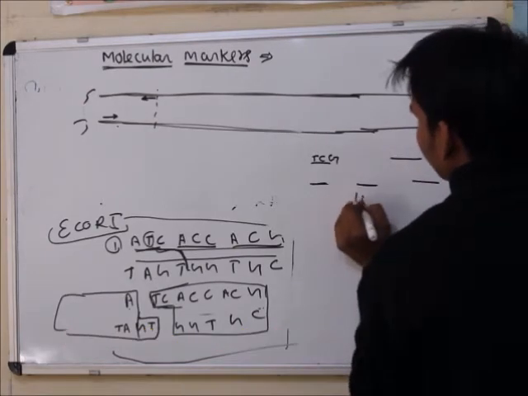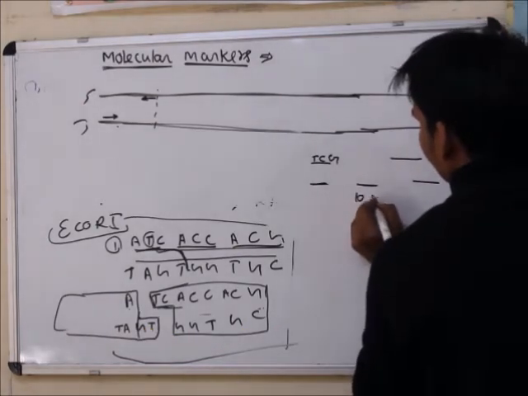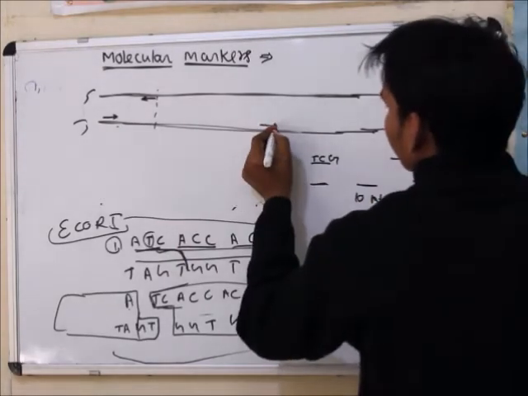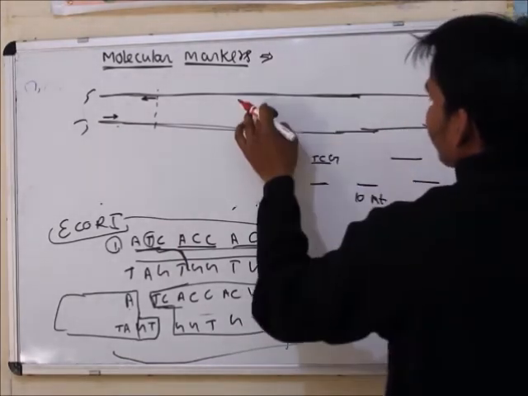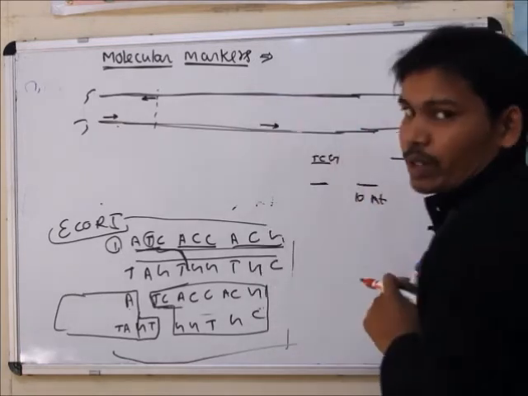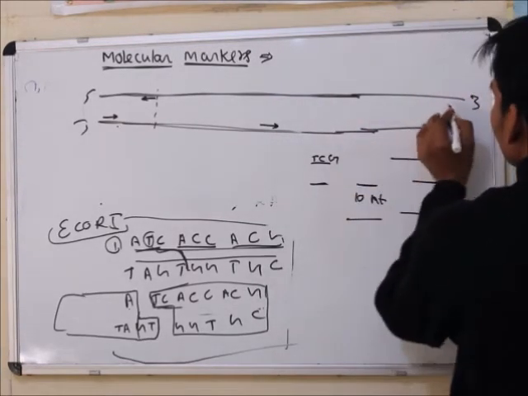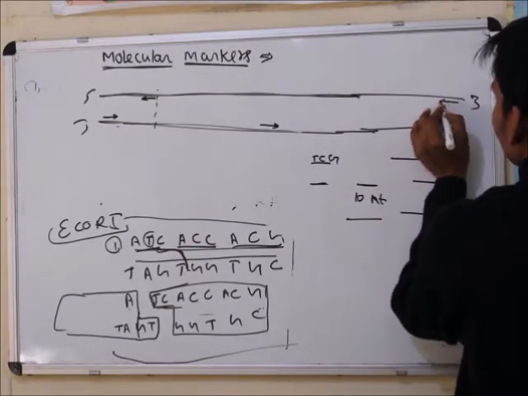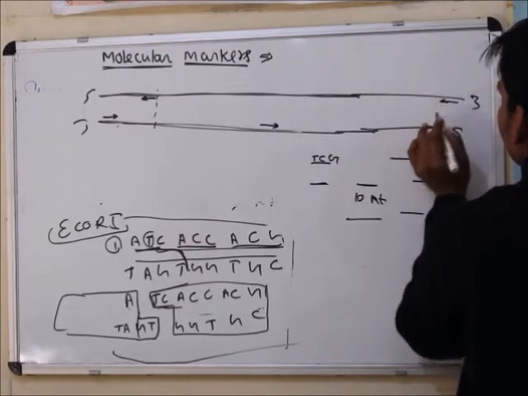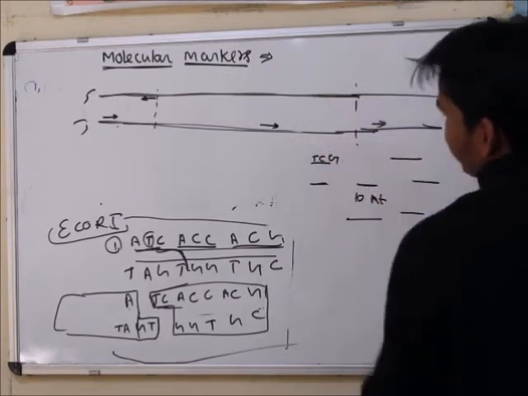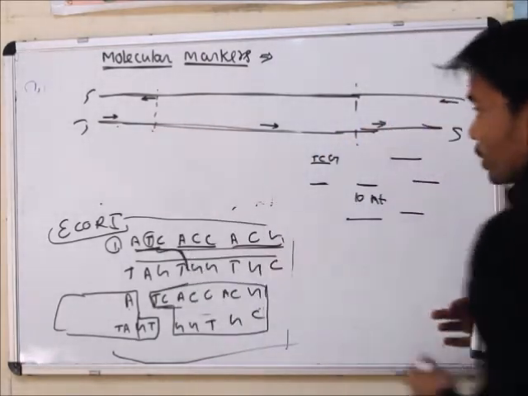Those are 10 nucleotides long. Here one primer is complementary to this, but another is not complementary. In another condition, another primer is used that is complementary to here and also complementary to here, in another region of the sequence.